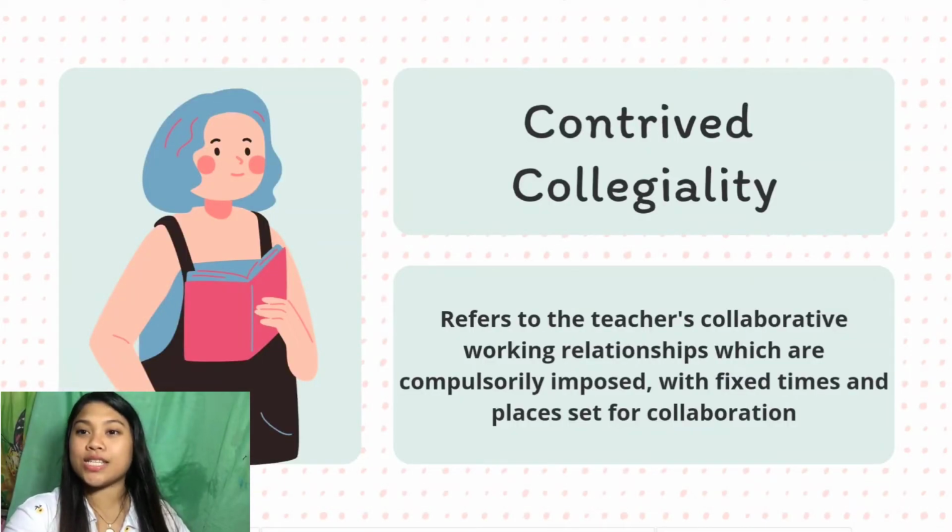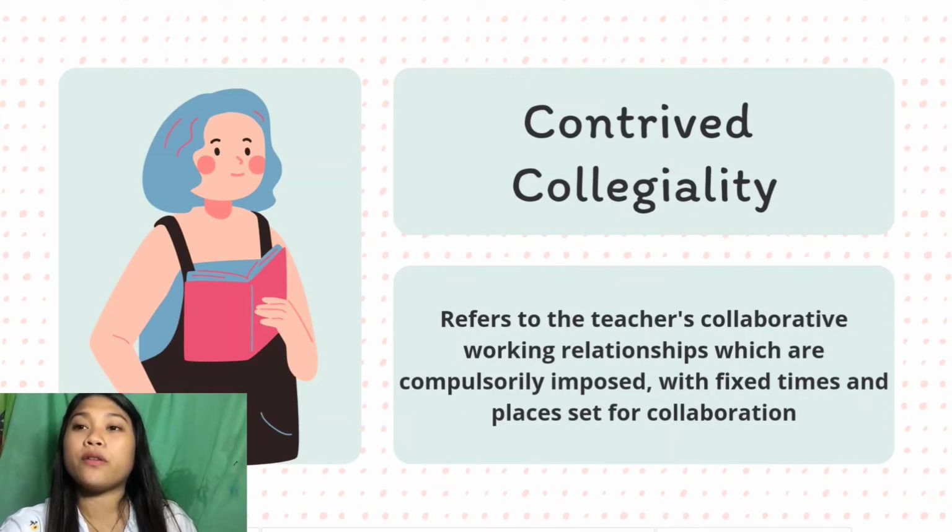Next is contrived collegiality. It refers to teachers' collaborative working relationships which are compulsorily imposed, with fixed times and places set for collaboration, for example, planning meetings during preparation times.